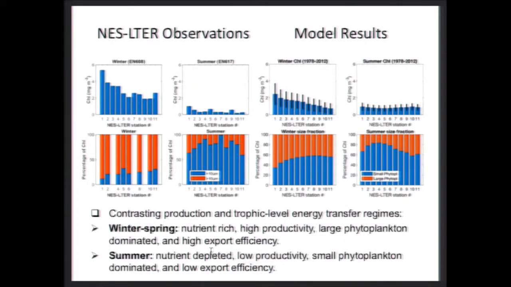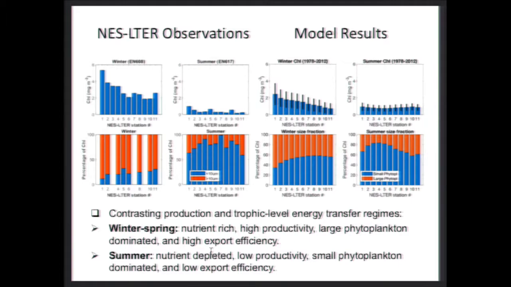This shows you the drastic seasonal differences in phytoplankton biomass and size composition. On the left-hand side panels are LTER observations in winter, January of 2018, and July of 2018. And the right panels are the 35-year model climatology for winter and summer seasons.